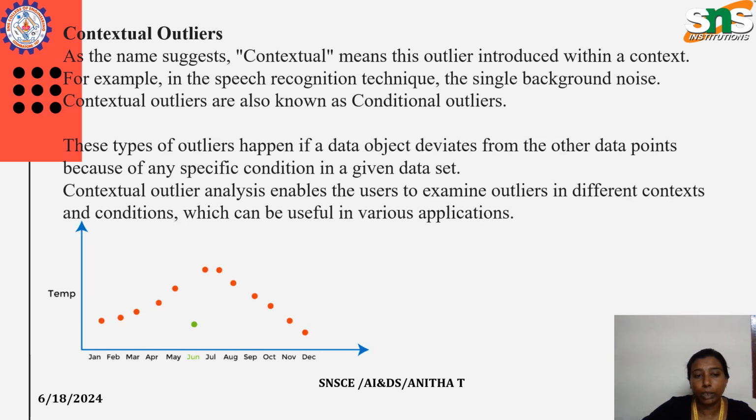Next is contextual outliers. As the name suggests, contextual means the outlier is defined with a context. For example, in speech recognition techniques, a single background noise. Contextual outliers are also known as conditional outliers. These types of outliers happen if a data object deviates from the other data points because of specific conditions in a given data set. Contextual outlier analysis enables the user to examine outliers in different contexts and conditions, which can be useful in various applications.